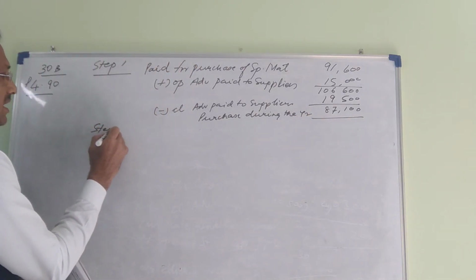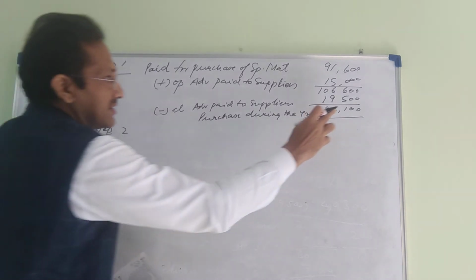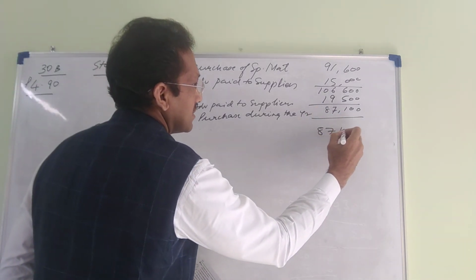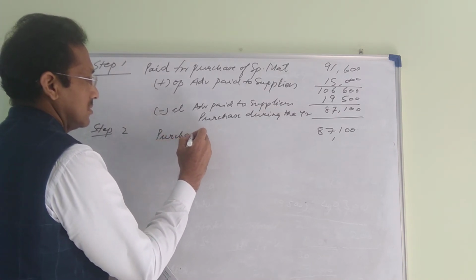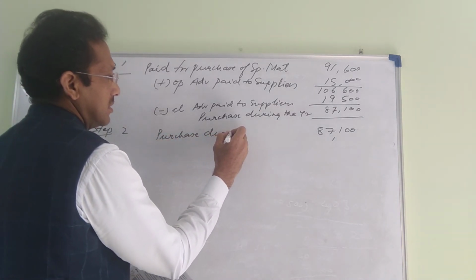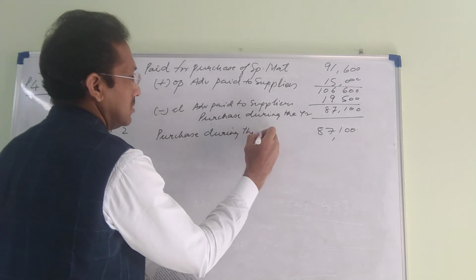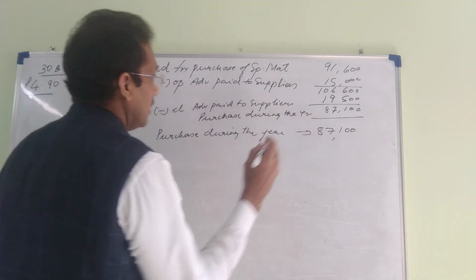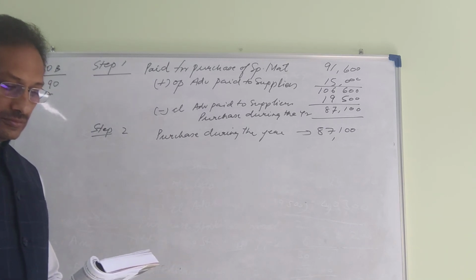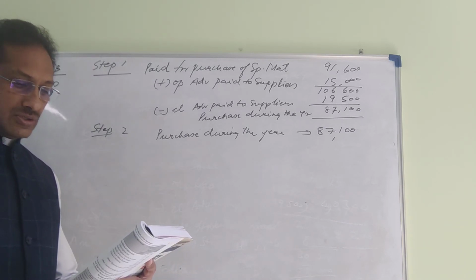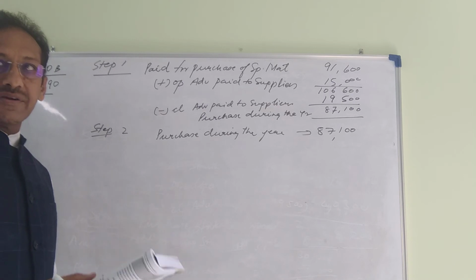Now step 2, we will take this figure, 87,100 purchases during the year. Now to this, the creditors. Due to suppliers, that is the closing creditors, we will add.